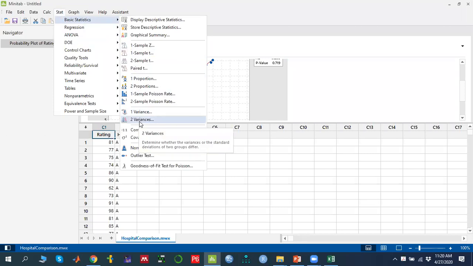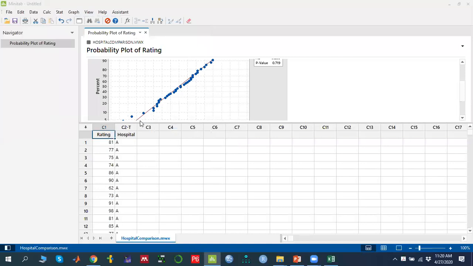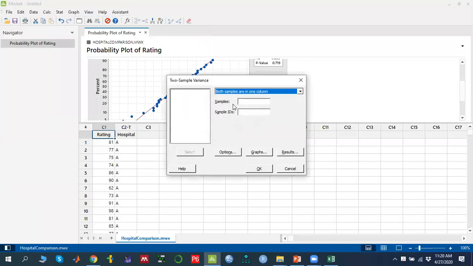If I click here, it asks whether the data is in a single column or in two columns. Right now we have entered the data in a single column, so we will send the rating values in Samples, and in Sample IDs we will send the hospital.